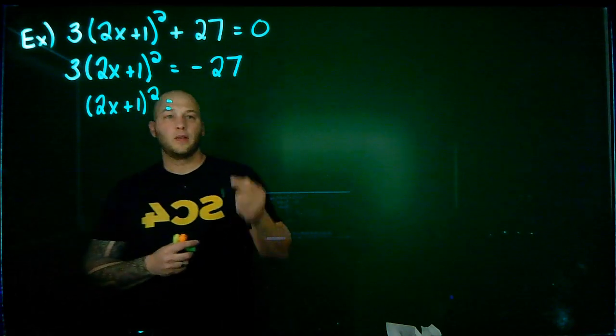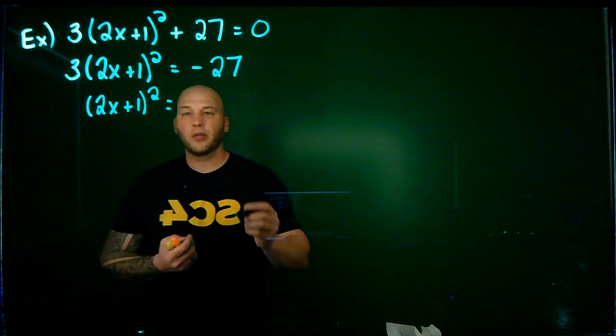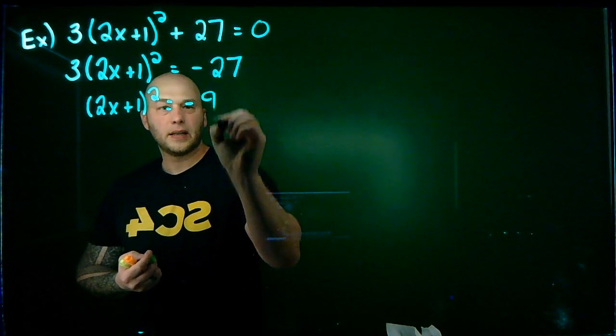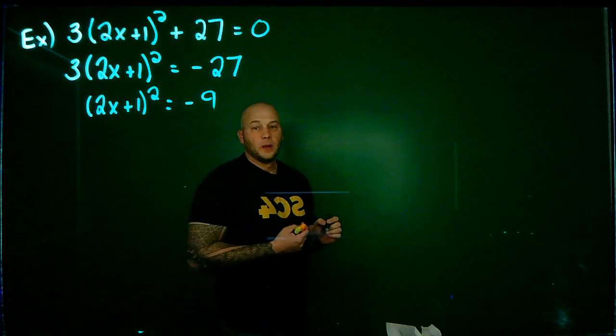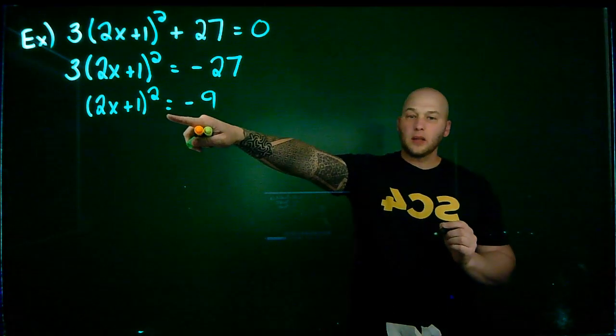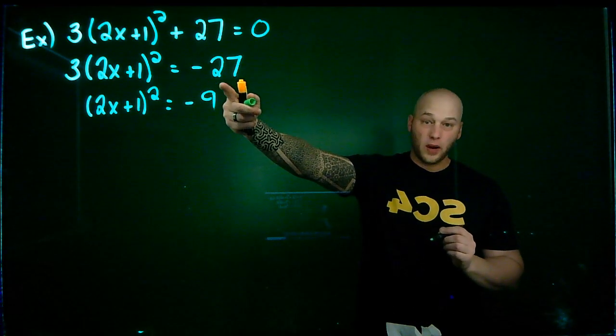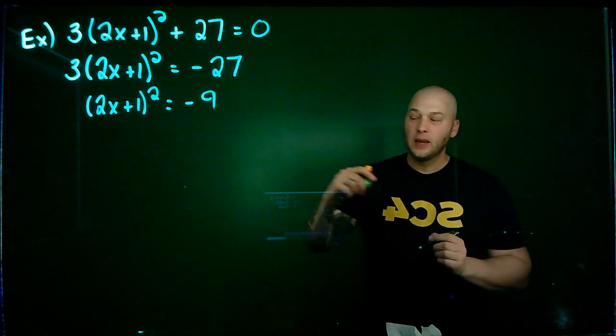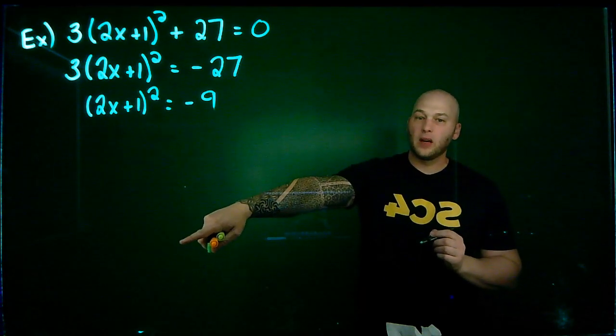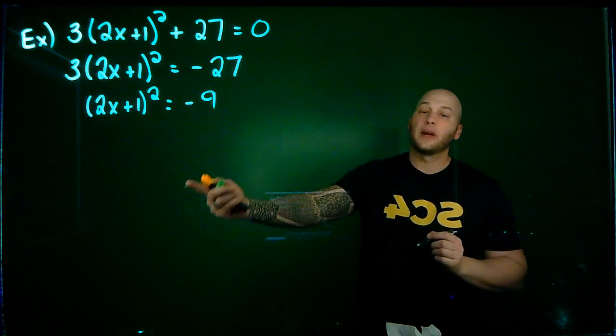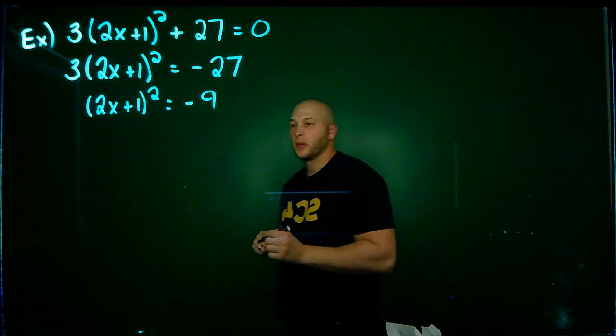And of course, negative 27 is divisible by 3, which gives me a negative 9. Okay? U squared in this case would be 2x plus 1 squared, and then d would be negative 9. And remember on the previous screen, if the d value is negative, I'm going to have two complex solutions. Okay?